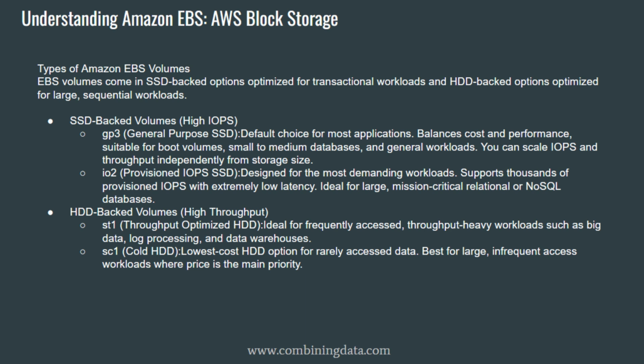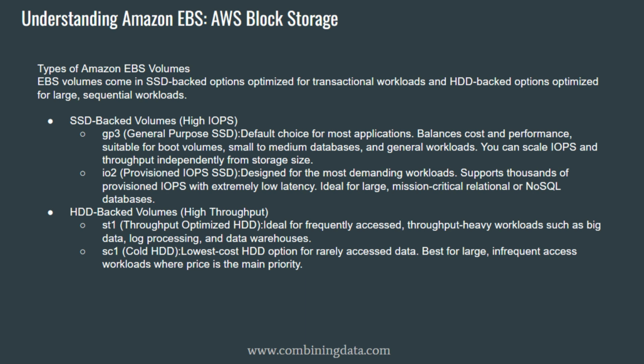On the HDD side, EBS offers volumes optimized for throughput rather than IOPS. The ST1 volume, or Throughput Optimized HDD, is ideal for large, sequential workloads such as big data processing, log analysis, and data warehouses.